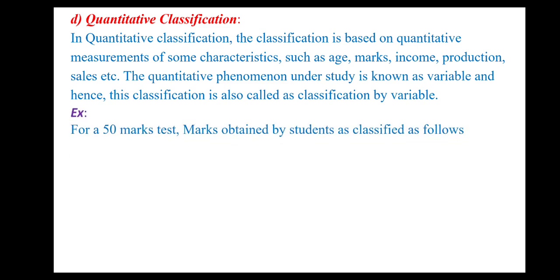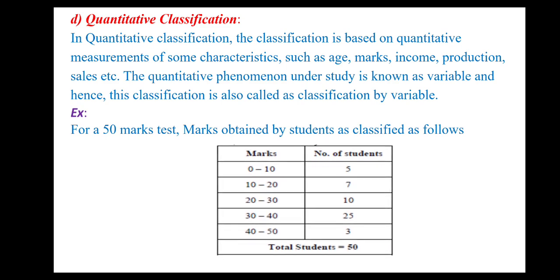Example: for a 50-mark test, the marks obtained by students are classified as follows. Marks 0 to 10, how many students? 10 to 20, how many? 20 to 30, 10 students. 30 to 40, 5. 40 to 50. The total is 50 students. If you define it like this, it is called quantitative classification.